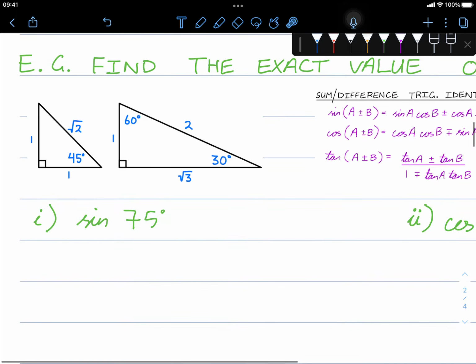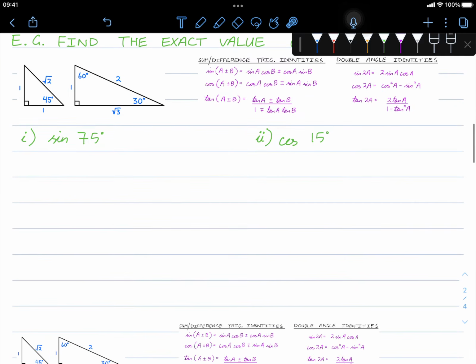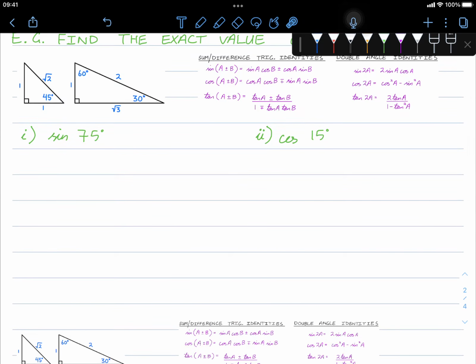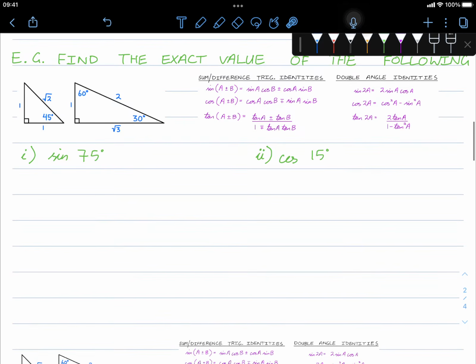We only have and know of 45, 60, and 30, as well as 0, 90, 180, 270, and 360, which I haven't written here. So from that, I hope you can try and figure out the values of these.